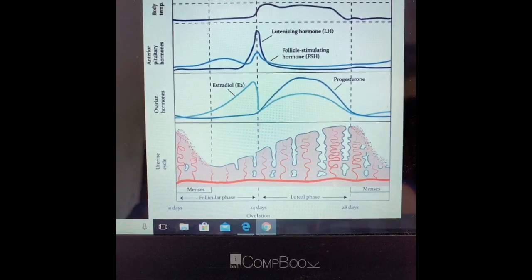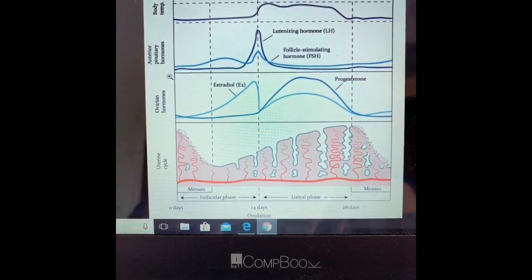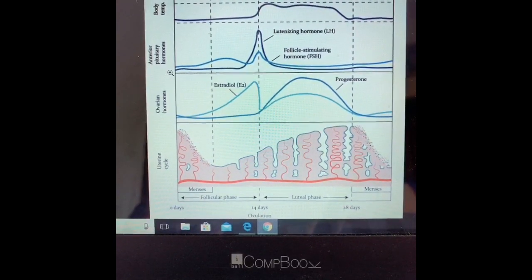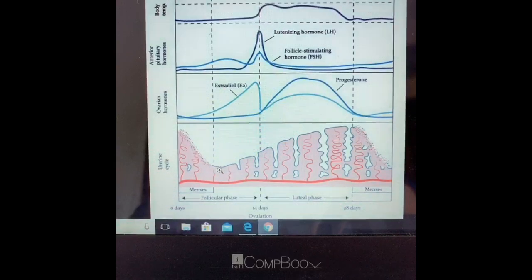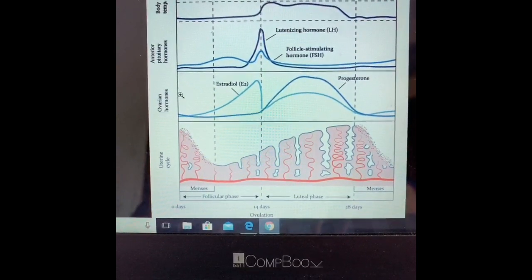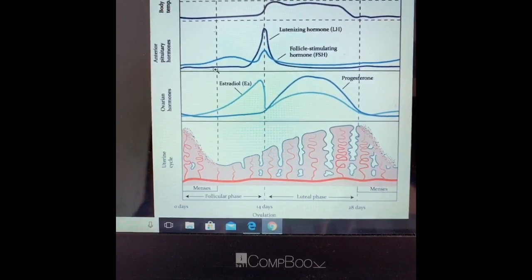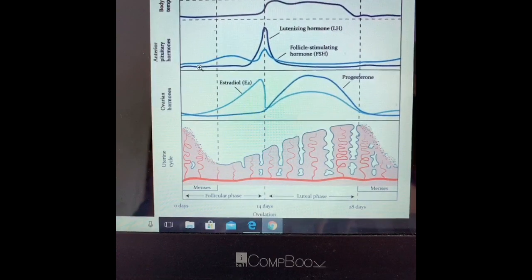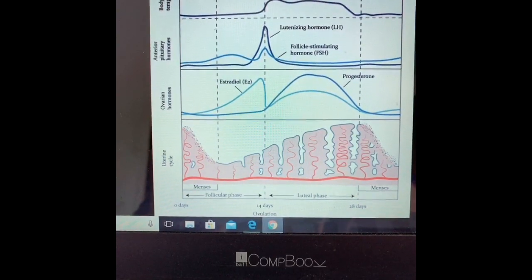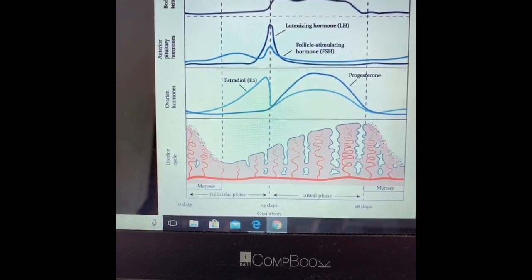Again, going back to this graph, with the beginning of the cycle, that is, when the bleeding phase has occurred, the pituitary hormone again starts secreting LH and FSH. With the increase in LH and FSH, there is another release of a primary follicle.